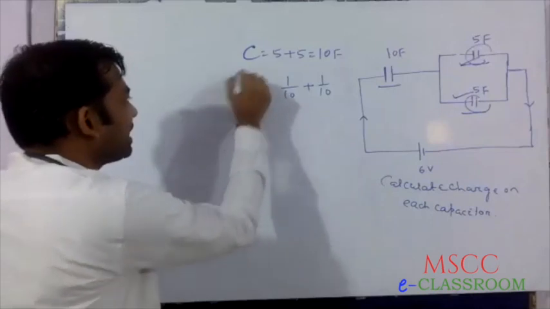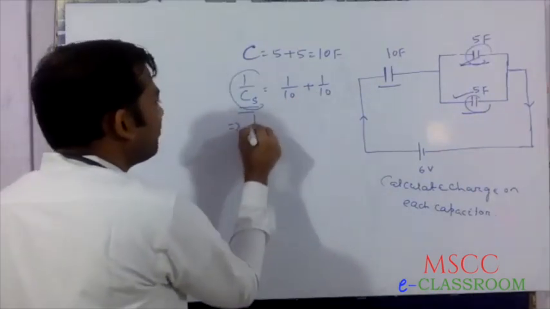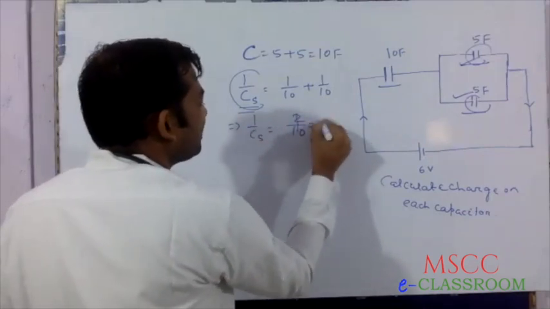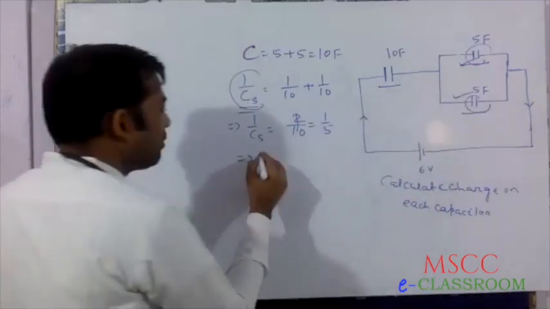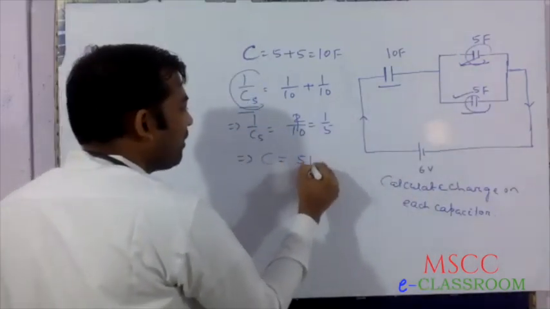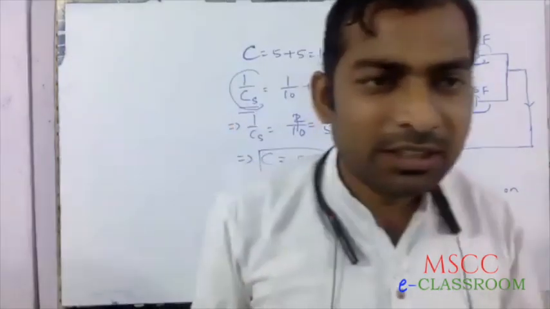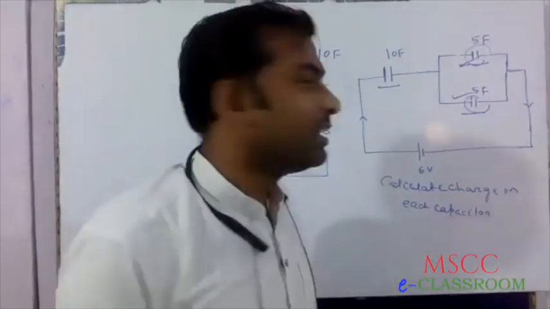Therefore, equivalent capacitance 1 by Cs equals 1 by 10 plus 1 by 10, 1 by Cs equals 2 by 10, that is 1 by 5. Finally, equivalent capacitance equals 5 farad. Very good.